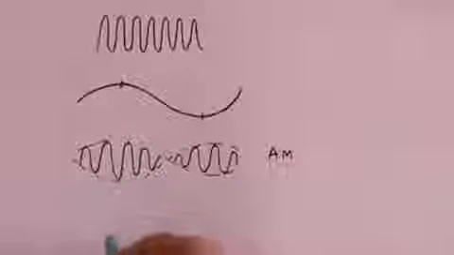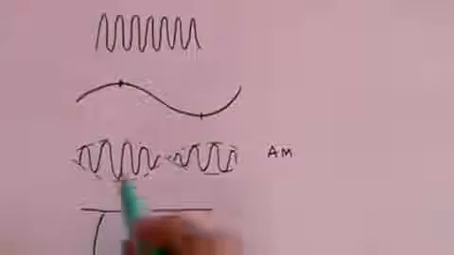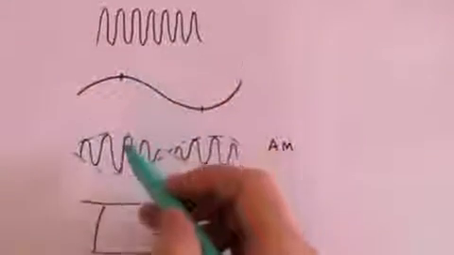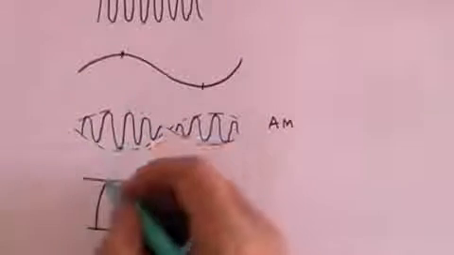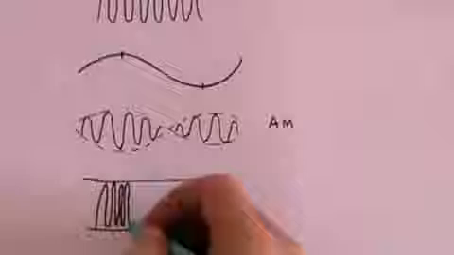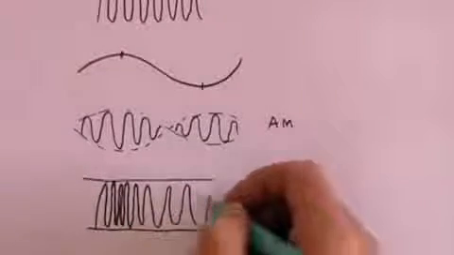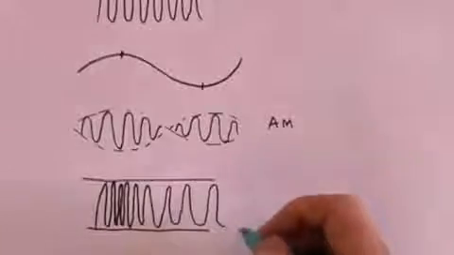So what actually happens is that the actual size of the wave doesn't vary, but as you get to the peak here, the frequency is very, very high. But as you get to the bottom of the wave, the frequency becomes low.